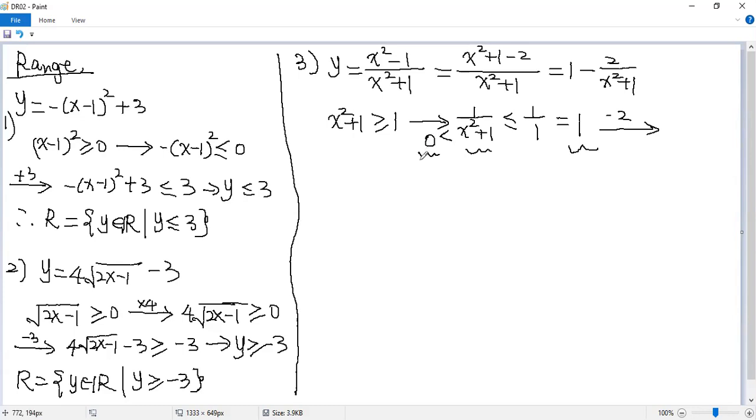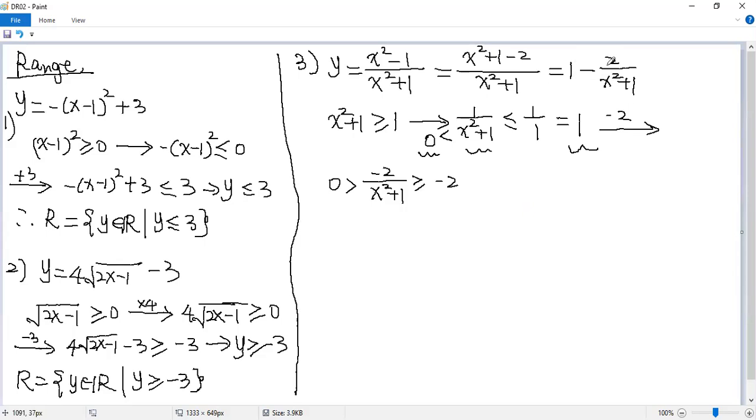So 0 times -2 gets 0. This term multiplied by -2, so we get -2 over (x squared plus 1). The right side equals -2. We need to change the direction because we multiply by a negative number. So we have 0 greater than this term, and this term greater than or equal to -2.